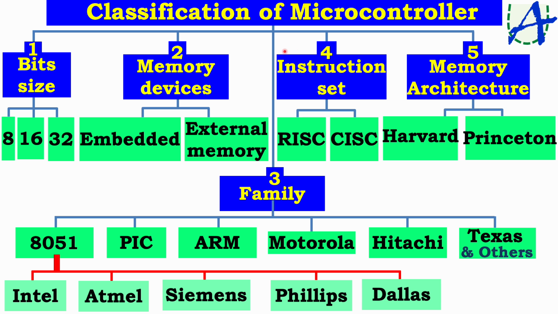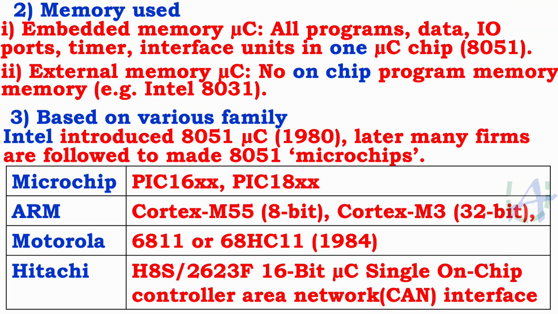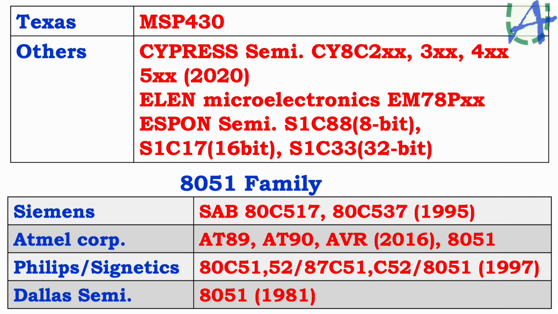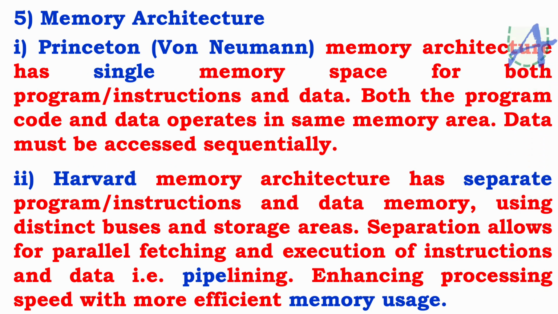You can take a screenshot of the entire classification for reference. Now this is all that I give in the description. You can take screenshots one by one. That is all 5 types of microcontrollers, including others also. So this is the fourth type. Now this is the last type, memory architecture.